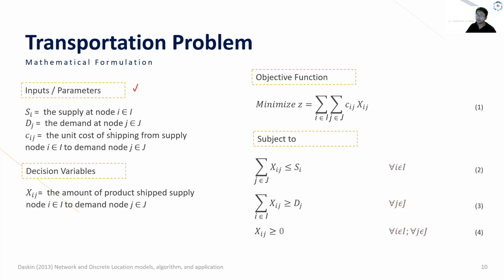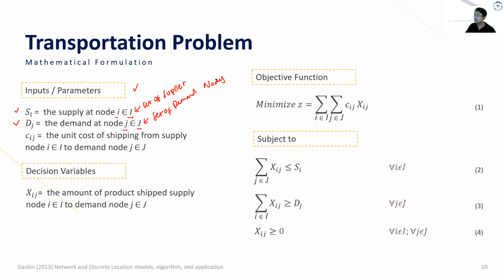Earlier, we saw that we know how much supply is associated with each supplier node, or element I. This is the set of suppliers. Okay, and then we also have the same representation for demand for each particular demand node, or index J. This one is the set of demand nodes.